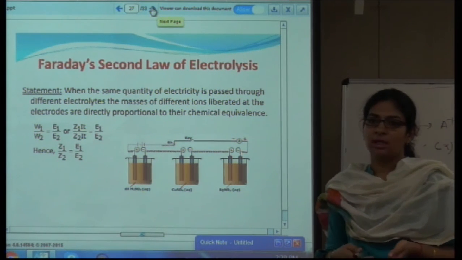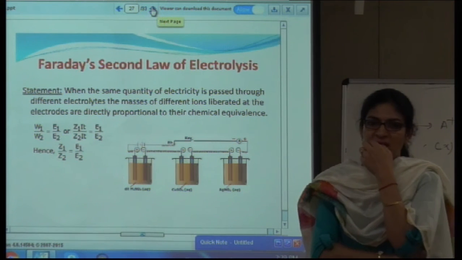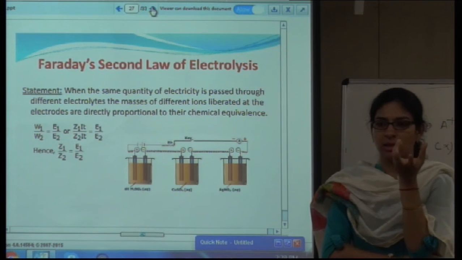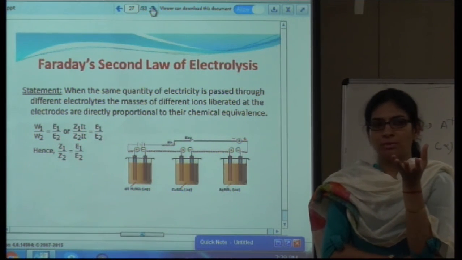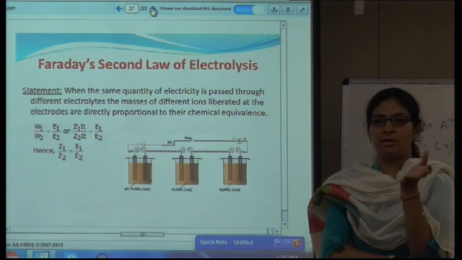Now we have Faraday's second law, right? Faraday's second law provides a very easy method to calculate the amount of metal which is being deposited at different electrodes.